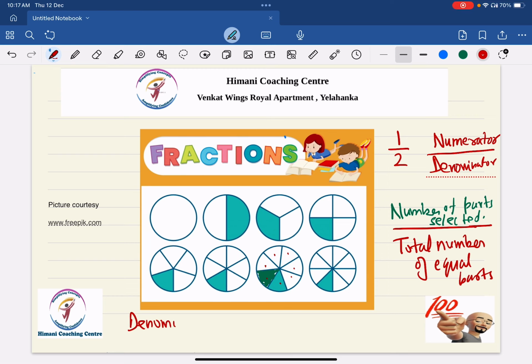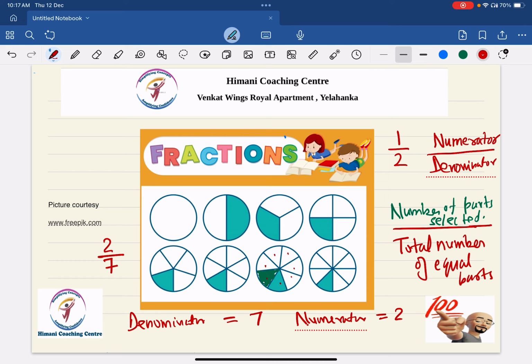Okay, denominator is 7. Why 7? Because this circle has been divided into 7 equal parts. Now what is the numerator here? Numerator is the number of parts selected, and I have shaded, so I am taking shaded as selected. So I have selected two of them. So how will we write the fraction? The fraction is 2 upon 7.